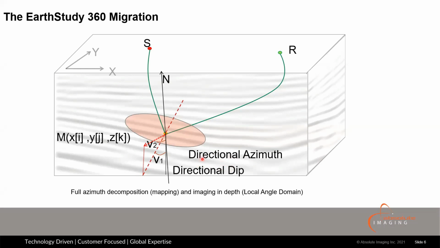That's how we call it here. So you can decompose those two angles. The other two angles, you have to think about this in the 3D sense, by the way. The other two angles are the half opening angles. This is the angle halfway between the incoming and the reflected ray.